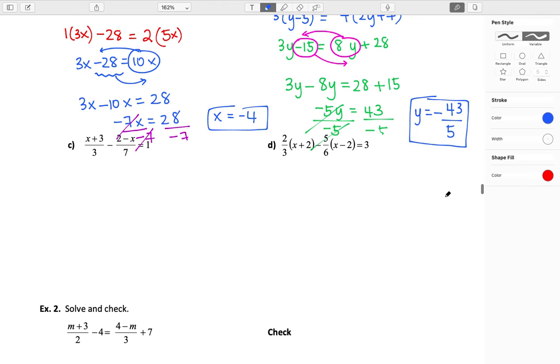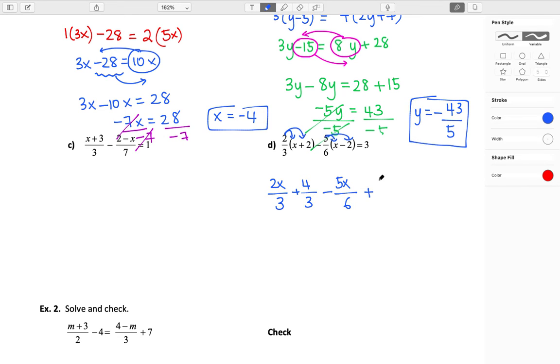Okay. Now, what about letter D? If you take a look at letter D, we first need to simplify by doing the distributive property. So 2 times x, so do the numerator, 2x over 3 plus 4 over 3 minus 5 times x, 5x over 6.